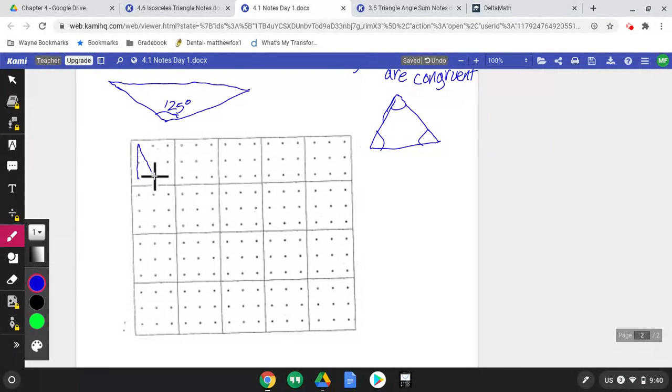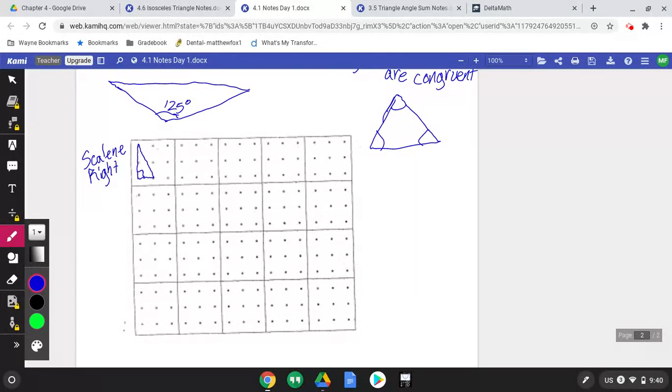So if we look at the sides, this has a length of 1, this has a length of 2, this one's diagonal, it's actually longer than that, so all three are different, so we would call this scalene, because based on side, all three sides are different. And then right here, you can see there's a right angle, so we know it is a right triangle.